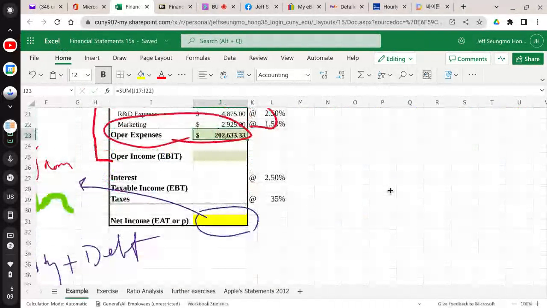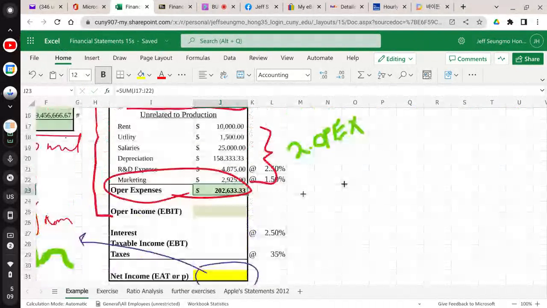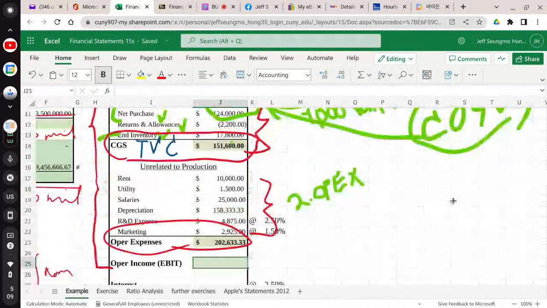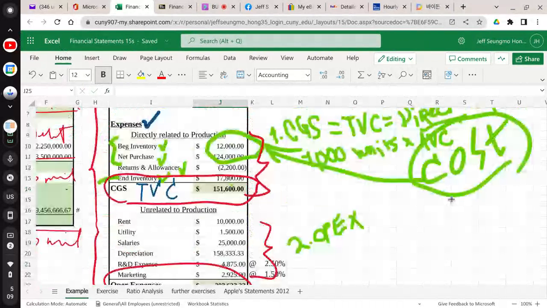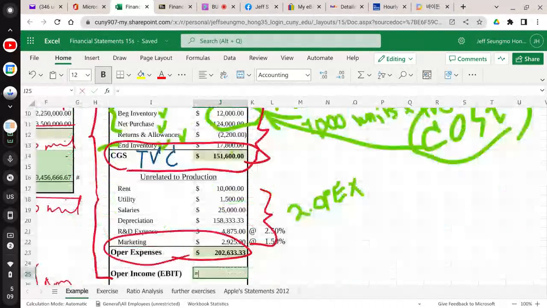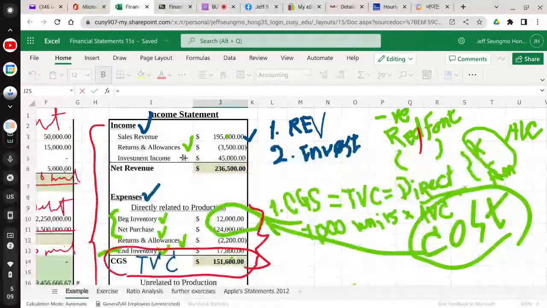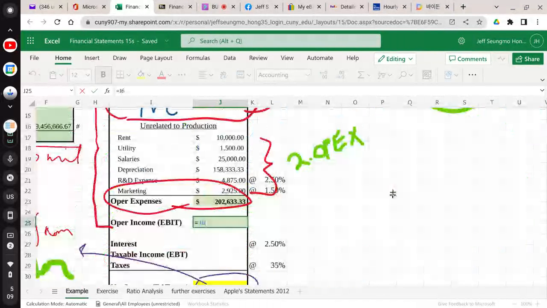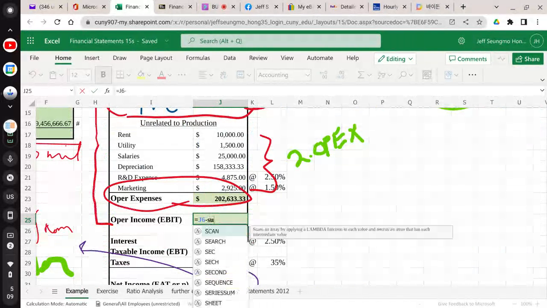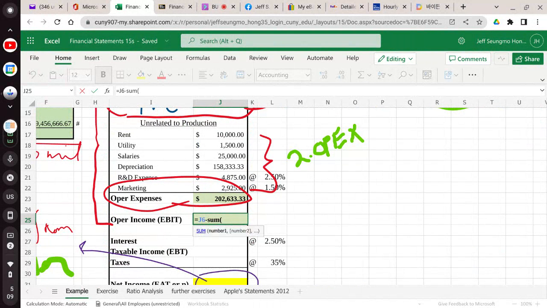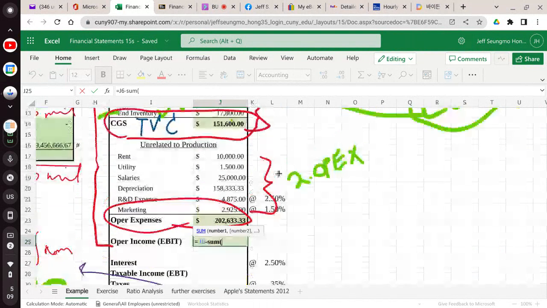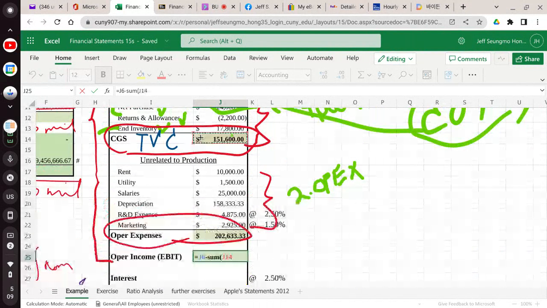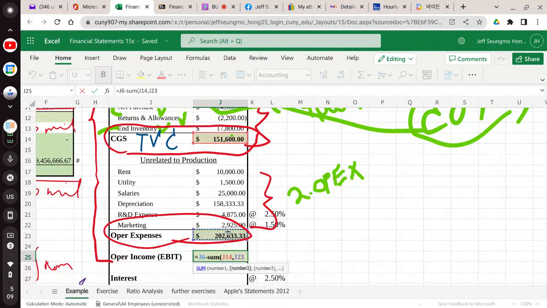And then you subtract, think about it, from the net revenue, which is the conclusion of the income section, the sum of these two line items, which is CGS and OPEX, and then hit enter.